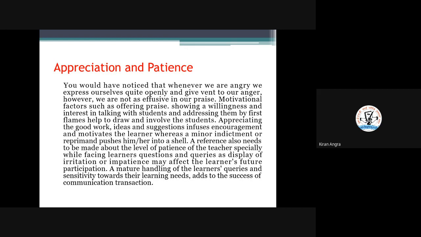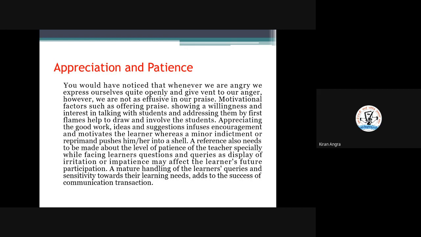No doubt, wherever the learners are, they create noise. They create something which should be indicted. But you should try to have a lot of patience when you are facing the learners' questions or their queries. You should not be impatient, you should not show irritation, and you should be able to comment upon their mistakes.